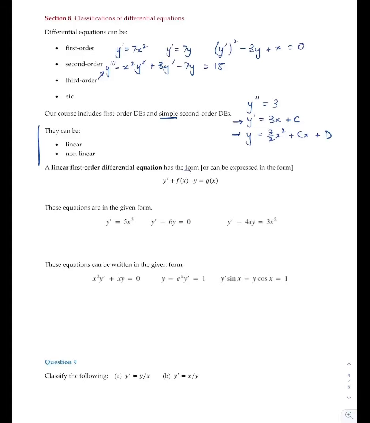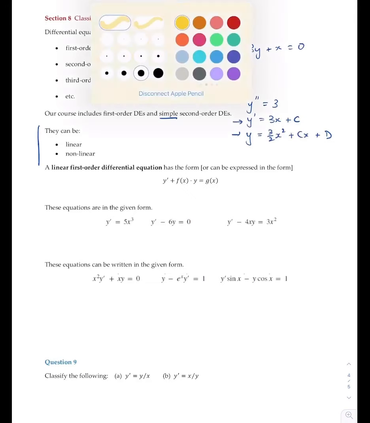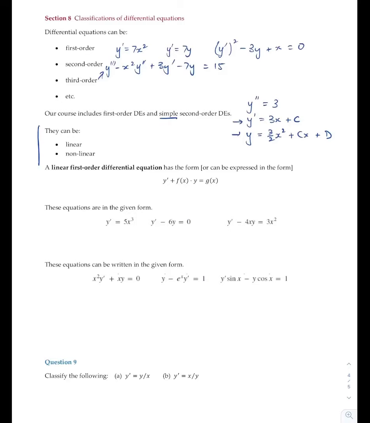So this is it. It looks quite technical, which is why I left it to near the end of the video. But what we have is y dash and y. And neither of them are squared or in the bottom of a fraction or anything like that.